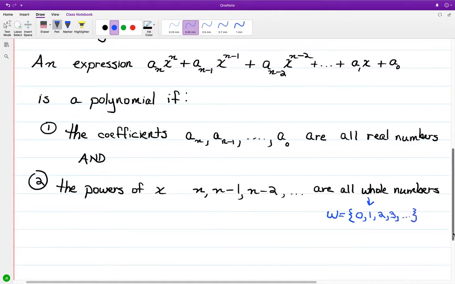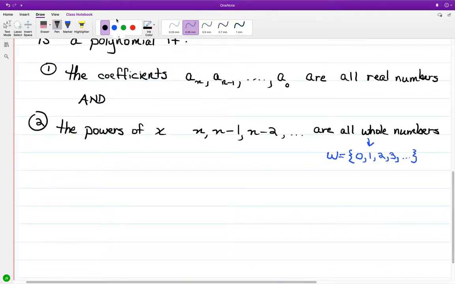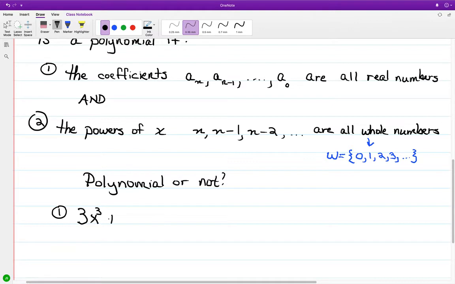Now, in terms of distinguishing between what is a polynomial and what is not, and we'll say for the first instance, we have 3x cubed plus 2x squared plus 5.